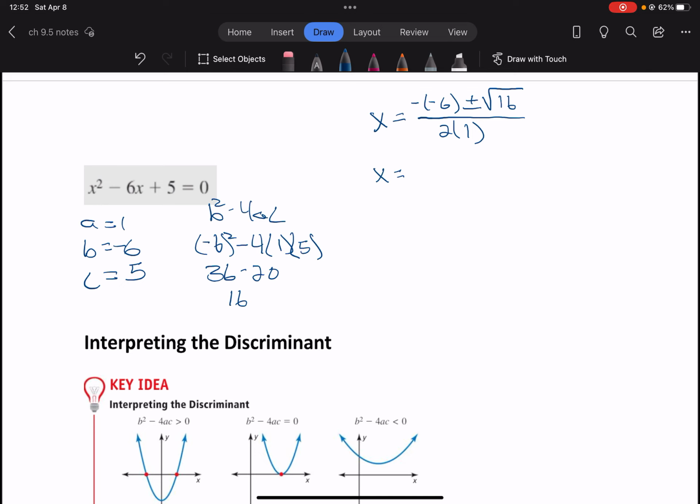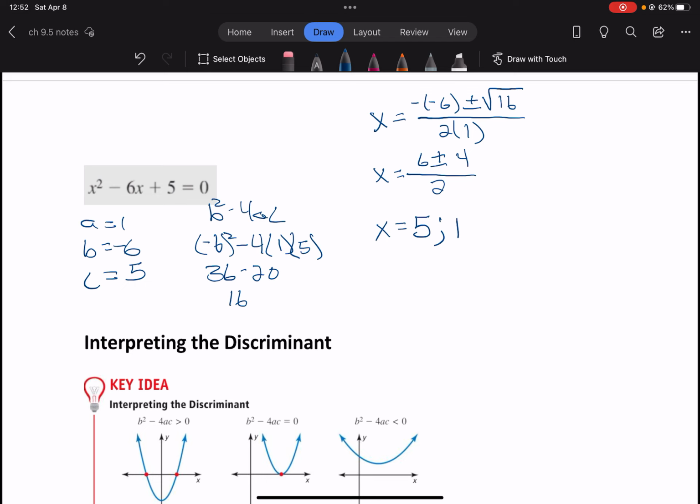So you got x equals 6 plus or minus the square root of 16 is 4, all over 2 times 1 is 2. So x is 6 plus 4 is 10, divided by 2 is 5. Or 6 minus 4, which is 2. 2 divided by 2 is 1. So those are my 2 solutions.